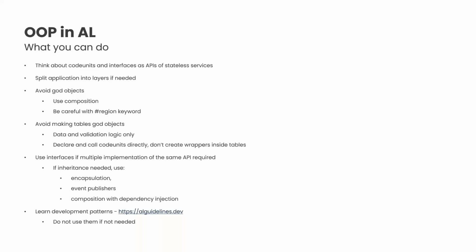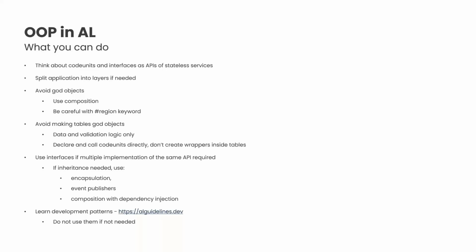So you can split it, and this is also a very good question, and a good example of where you should not over-engineer your solution, because one of the patterns is the facade. If you go to AL Guidelines, or in general to development patterns, there is a pattern called facade, which allows you to hide your implementation.